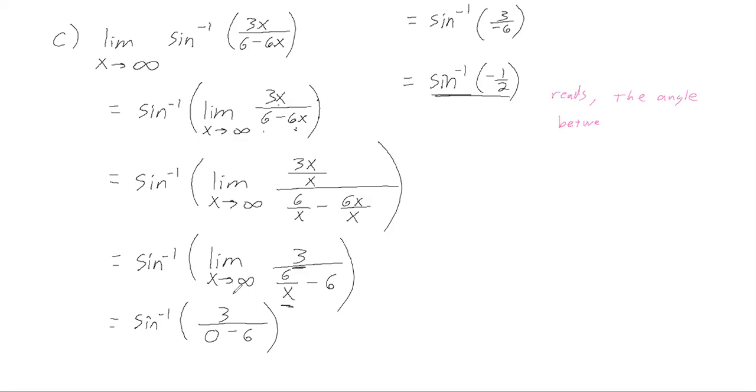Now I'll tell you what, let's put the angle theta, where theta is between and including negative pi over 2 and pi over 2, whose sine is negative 1/2.